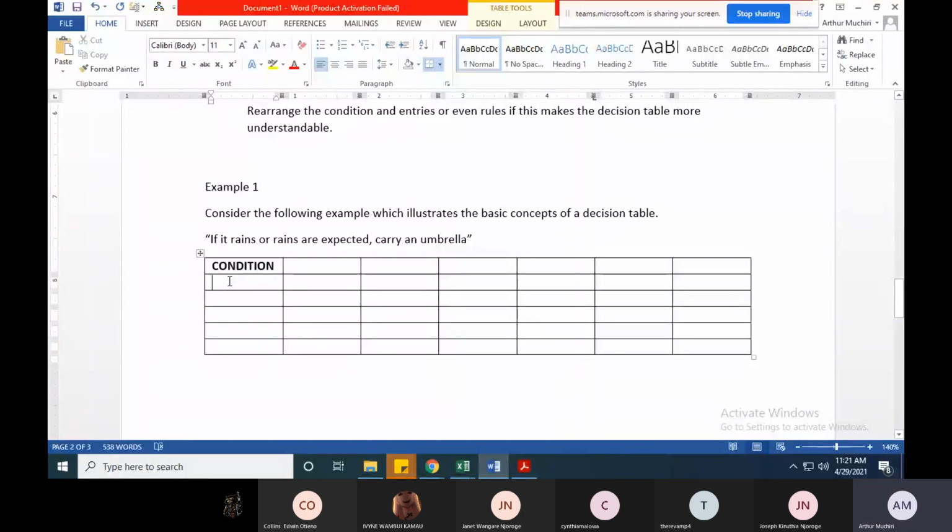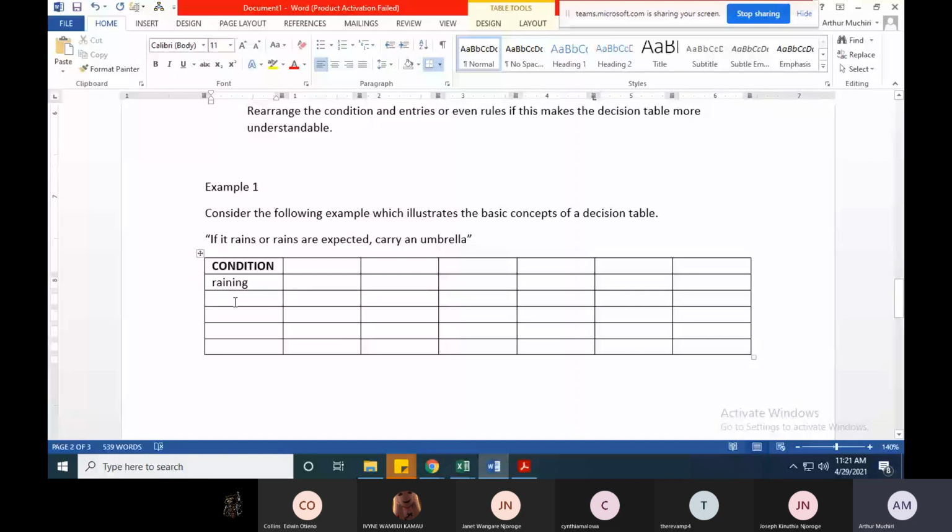One is raining. And then the other condition is rain is expected.